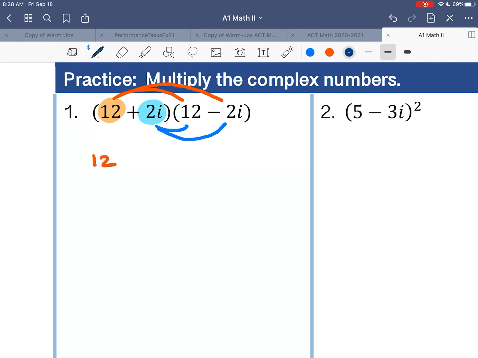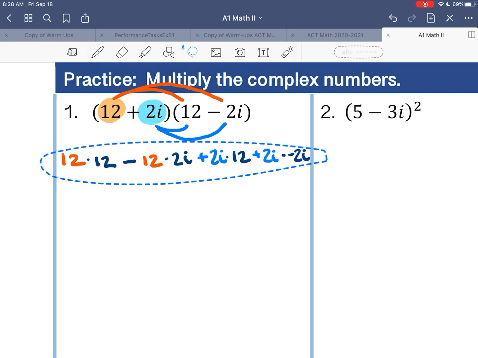So we have the 12 times the 12 from the other parentheses, and then a minus 12 times 2i, and then plus 2i times the 12, and then plus 2i times negative 2i.